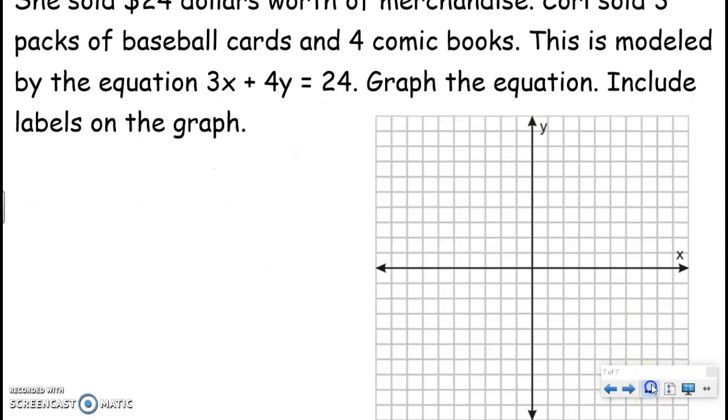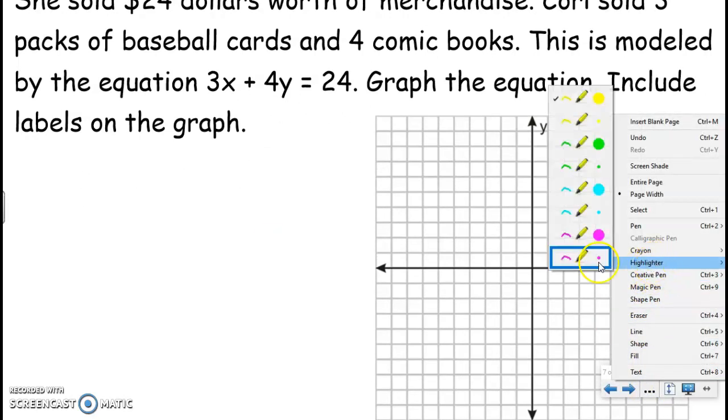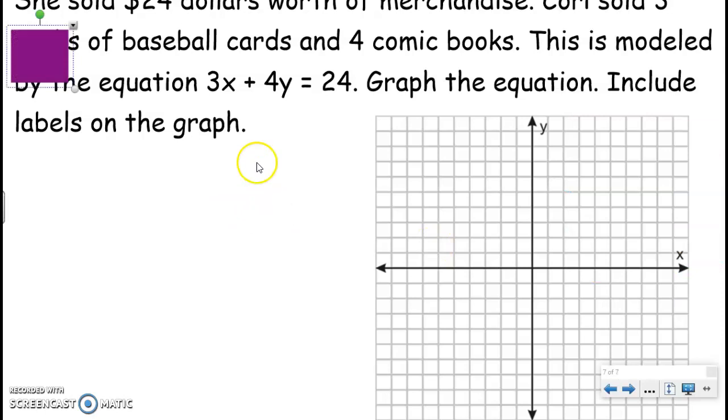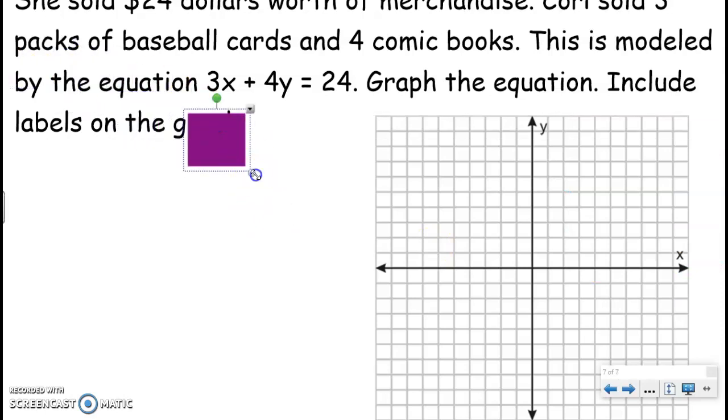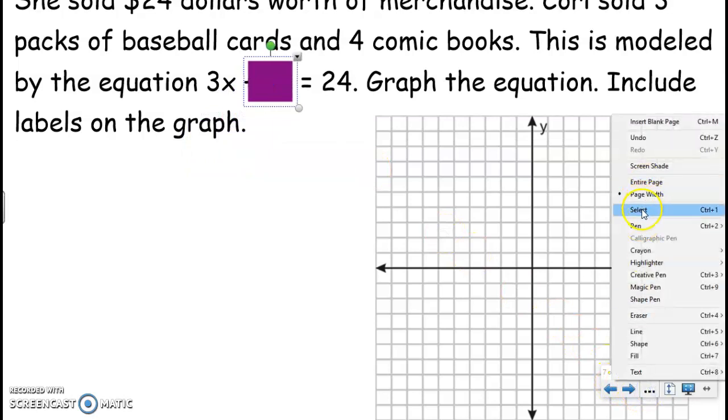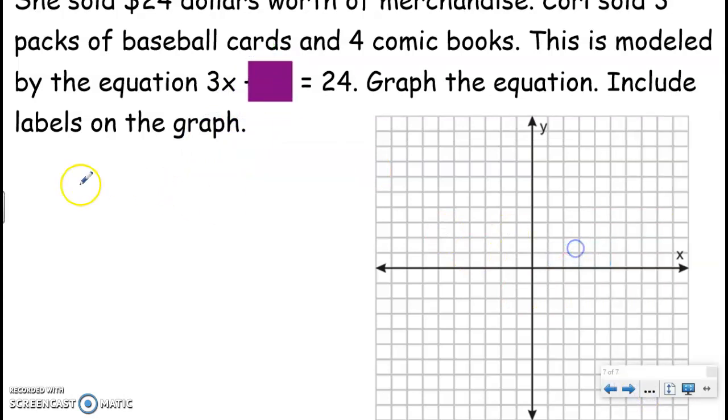So we are going to go ahead and take that equation there and use our box. So I'm going to cover up my 4y. I am left with 3x equals 24. So if I divide by 3 on both sides, I get x equals 8. 1, 2, 3, 4, 5, 6, 7, 8.